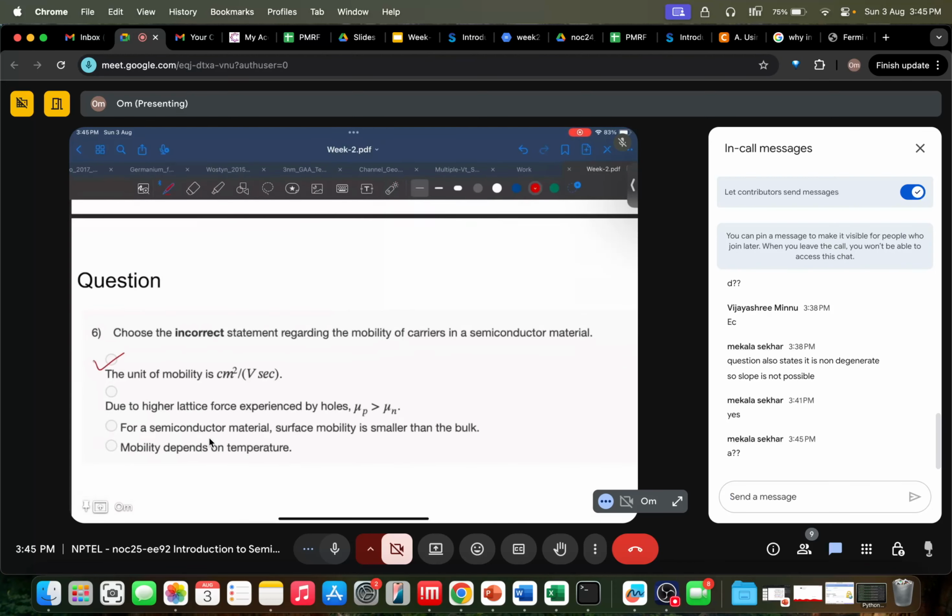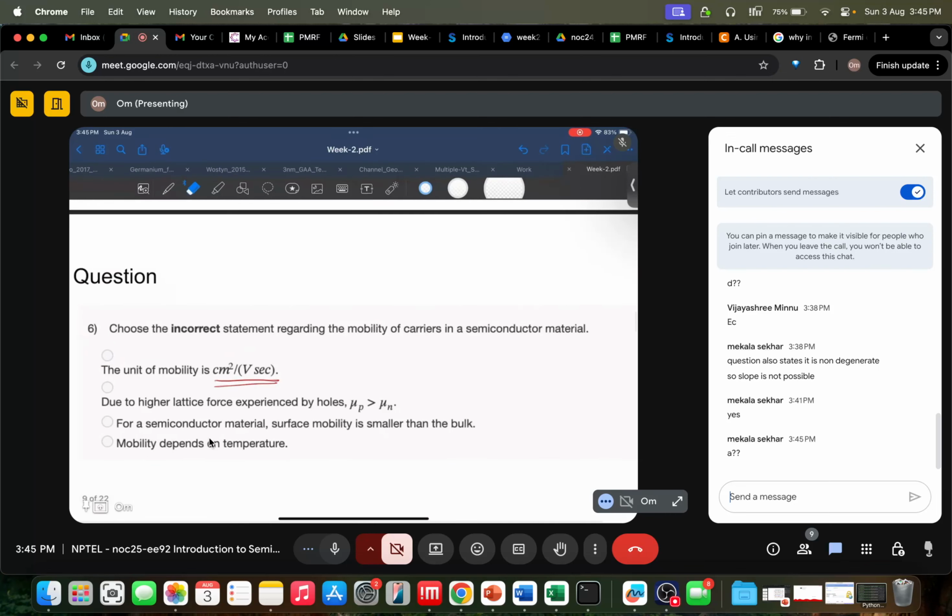The unit of mobility is centimeter square per volt second. So the wrong one is among these three. Which one is incorrect?